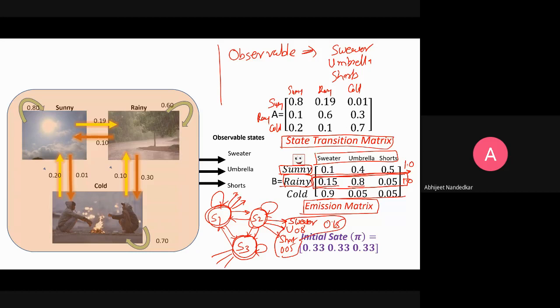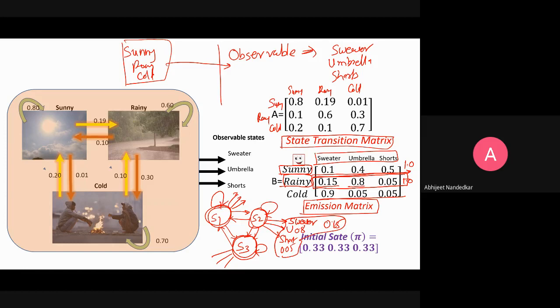The states which are not observable from that room, which is completely closed, are sunny, rainy, and cold. So sitting inside the room, you want to predict what is outside. You don't have access directly to the outside world, but what you can observe is the person who is serving food for you.